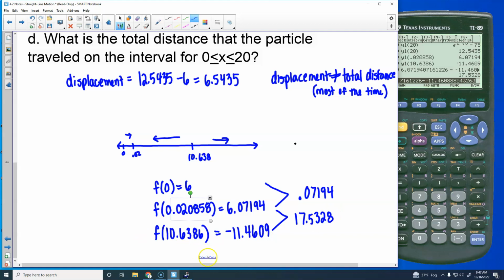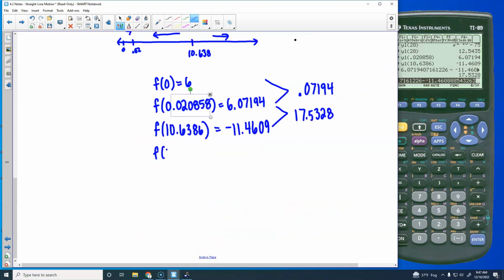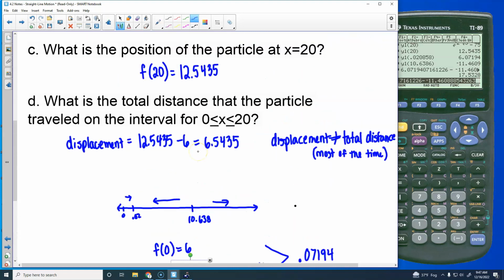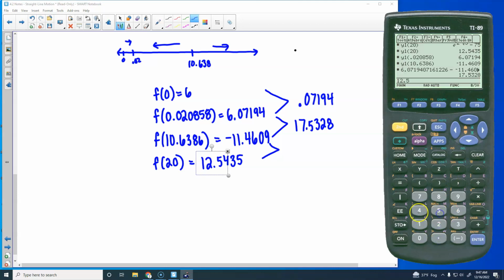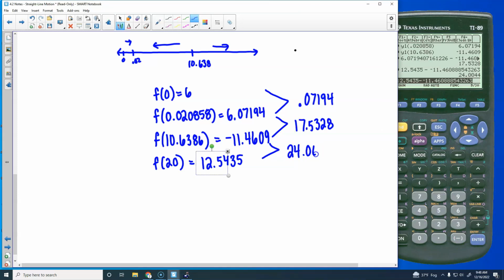And then our end point is 20. We already found it, didn't we? 12.5435. And so that distance, if we take 12.5435 and subtract that negative 11.4609, we're going to get 24.0044.